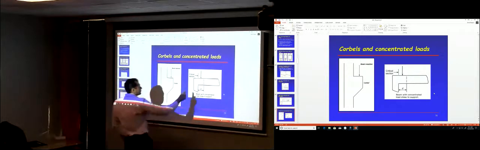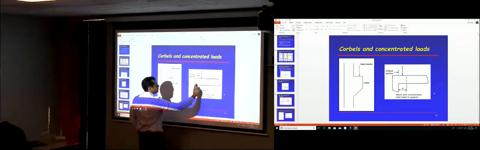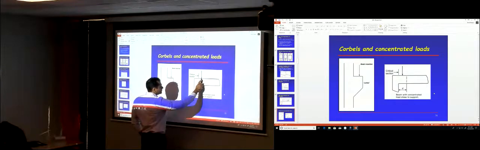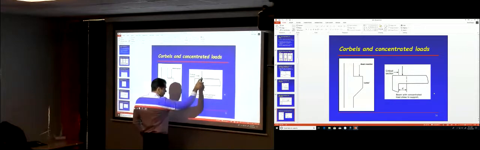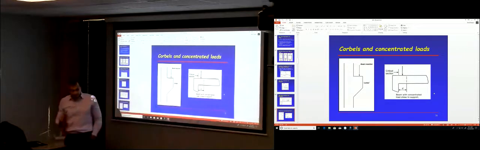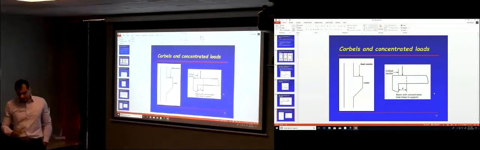And if you have a concentrated force that is closer or within the distance d, again the ACI code says you have to take this concentrated force into account as part of the shear. You cannot neglect it. Okay?